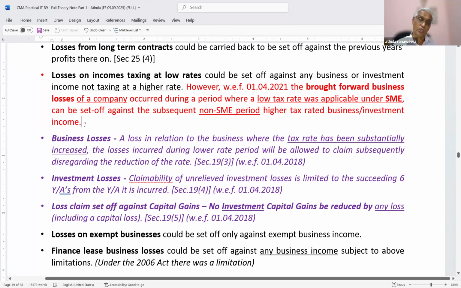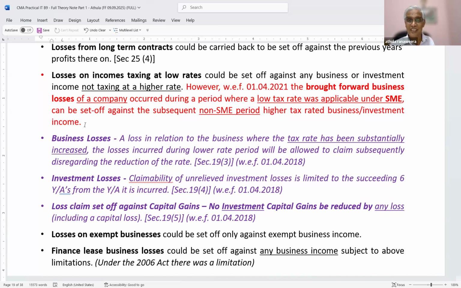What about the individuals? It is not covered here. They have addressed only this SME category of entities. To be an SME, it has to be an entity. Now, they have covered only that.